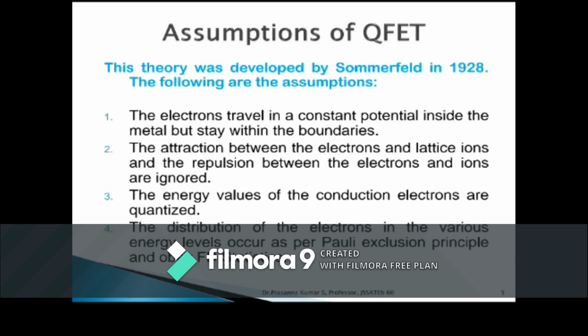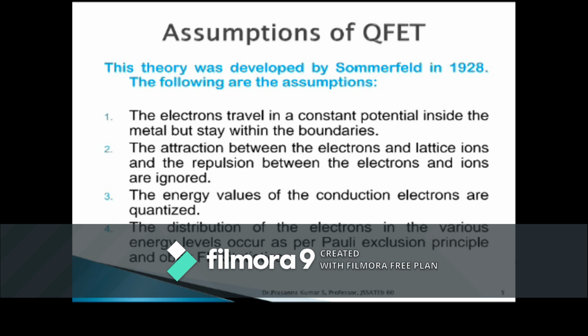The first two assumptions, number 1 and 2, are the same as classical free electron theory assumptions, but the third and fourth are different. So the new assumptions compared to classical free electron theory are that the energy values of conduction electrons are quantized, and the distribution of electrons into various energy levels follows the Fermi-Dirac statistics.